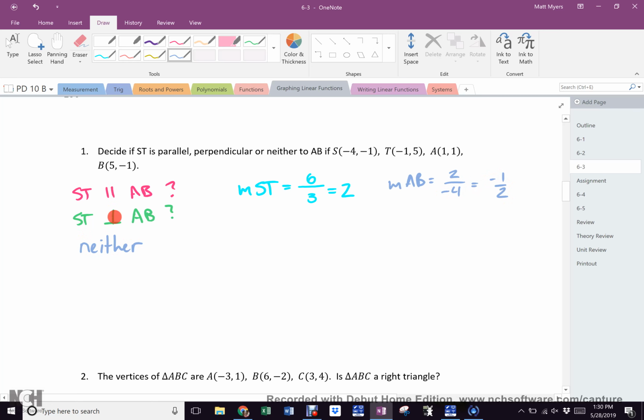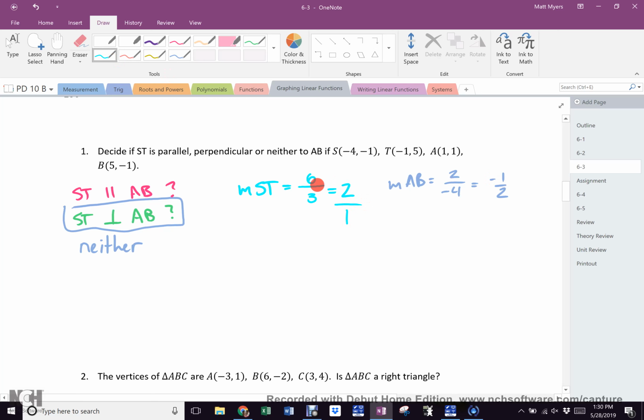Is it parallel, perpendicular, or neither? Perpendicular. Why? Because 6/3 becomes 2. 2 over -4 becomes -1/2. 2 is really 2/1. Change the sign, negative, reciprocate 1/2. Easy peasy lemon squeezy, yeah?